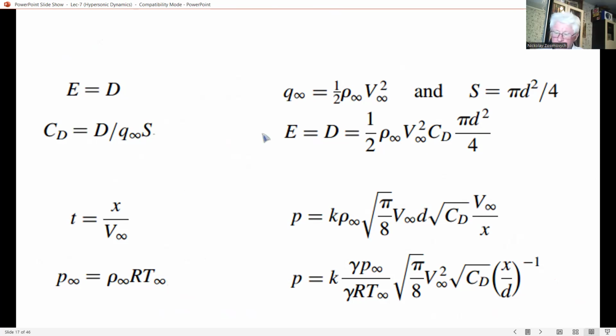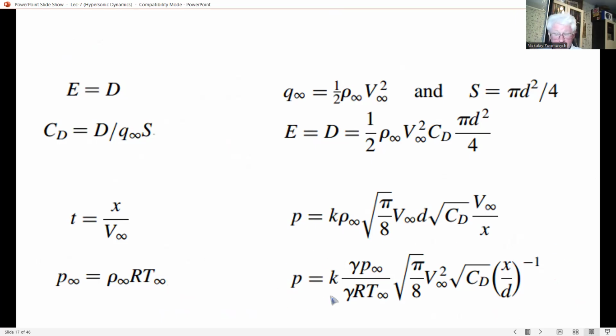Substituting the last two expressions, here and here, we obtain the expression for p. p is proportional to rho infinity, square root of pi over 4, times V infinity D, and next the square root of CD times V infinity over F. Recalling the perfect gas equation of state, namely p infinity proportional to rho infinity times R T infinity, the preceding equation can be written as you can see on the right bottom part of this expression.